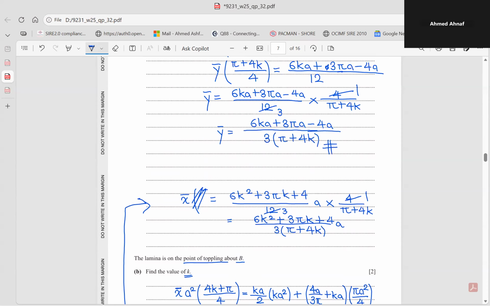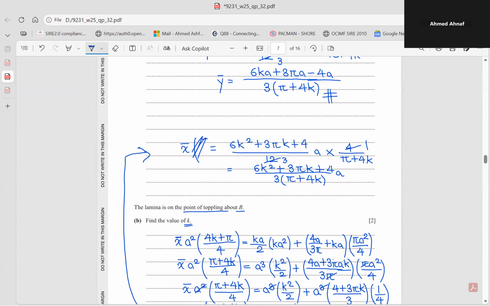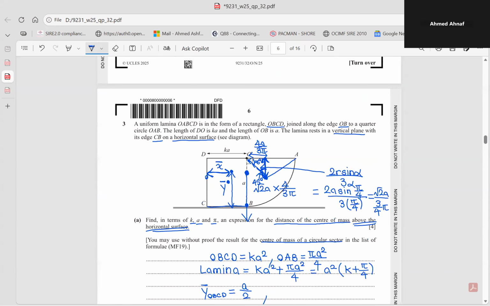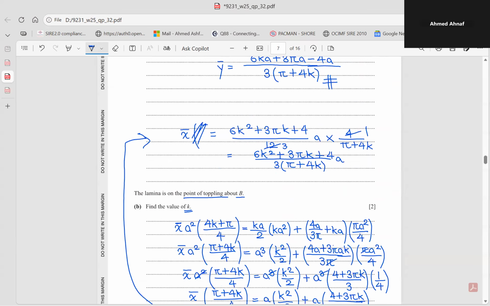Now we're going to equate x bar with Ka because, like we said, the line of action of the weight, which starts from the center of mass, passes exactly through B. So x bar has to be equal to Ka.